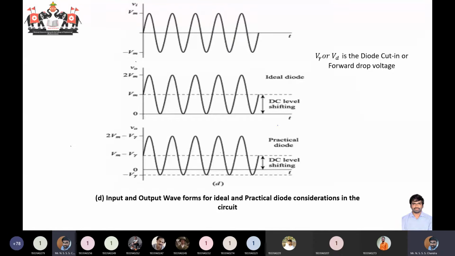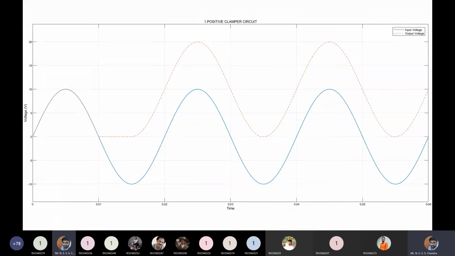Whereas in the Simulink diagram, we observed that for the first half cycle, V naught follows the V input, and then the capacitor is charged until VM, and then your output rises to the range of plus VM above your input supply, right? So whatever you are seeing in the figures are only this portion of your output waveforms.